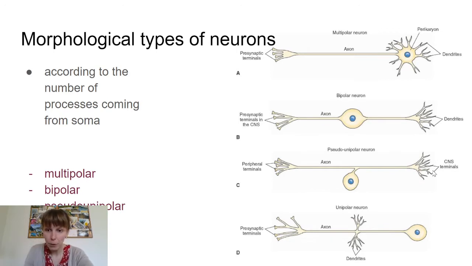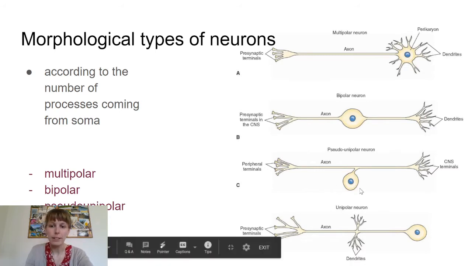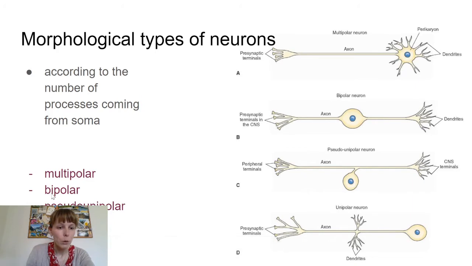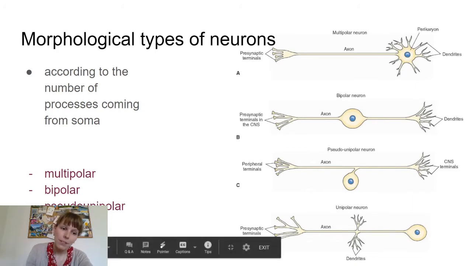An example of where you can find pseudo-unipolar neurons is the spinal ganglion. We will get to that in the peripheral nervous system, but the spinal ganglion is where you can find pseudo-unipolar neurons.